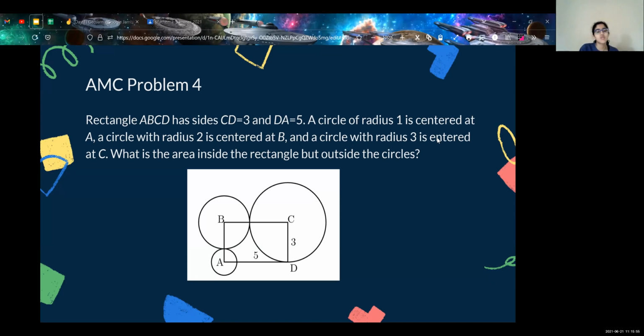No matter where the end point is on the circle, it will always be 3. So, how are we going to convert the pi? The area of a circle is pi. You can just type pi in your answer.